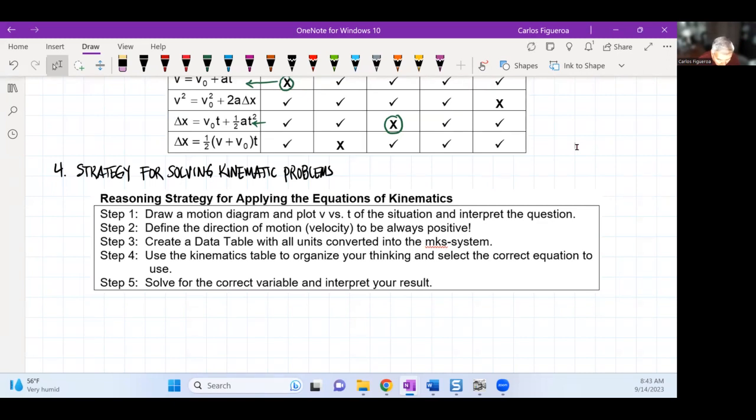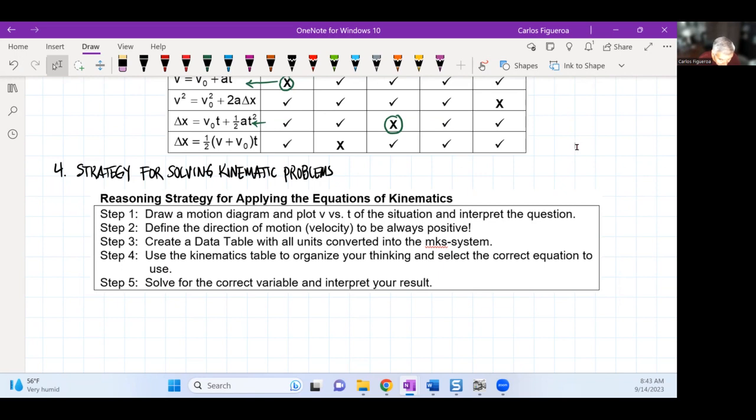Step 2, define the direction of motion, the direction of the velocity, to always be positive. Why? Because if you calculate an acceleration and it's positive, then you know that you're speeding up. If you calculate an acceleration that's negative, then you know it's opposite to the velocity, so you must be slowing down.